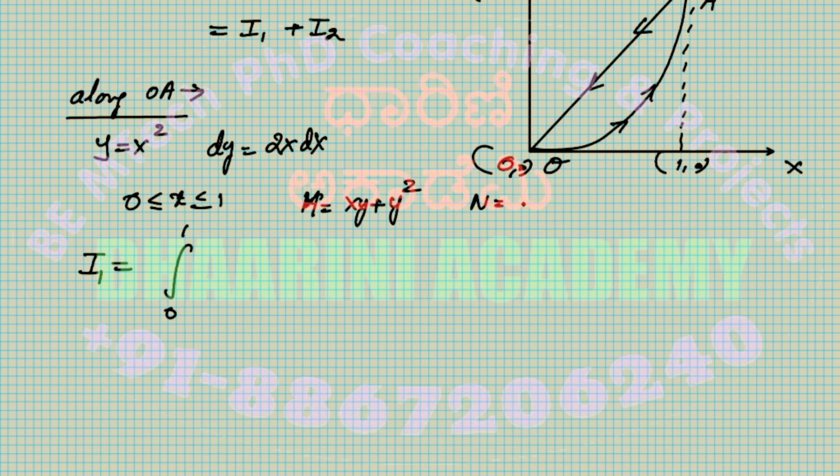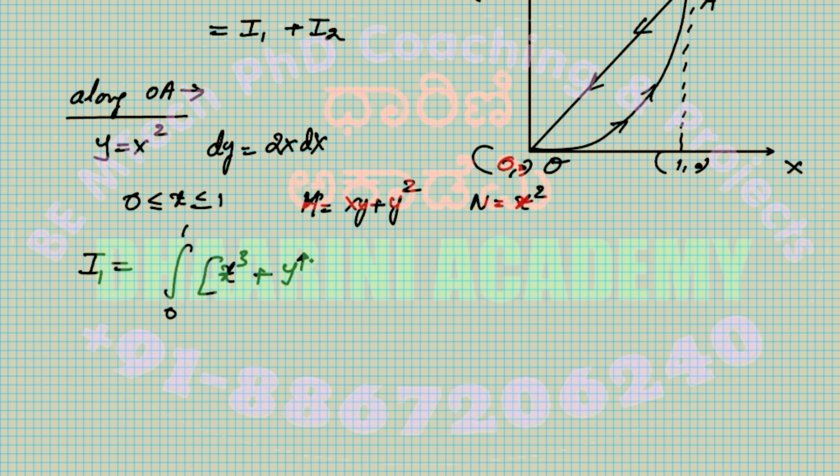N is equal to x squared, isn't it? From the given thing. So I have to replace every y by x squared. Correct? So what happens to the first term now? This is x into x squared, so x cube. Plus there is a y square, which is y to the power 4.